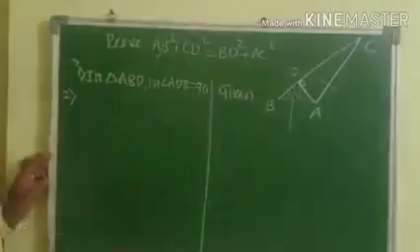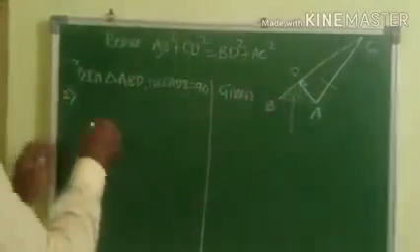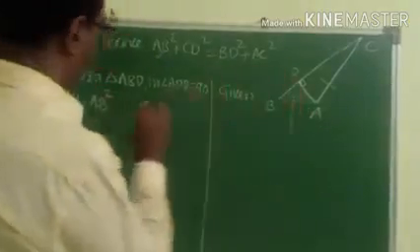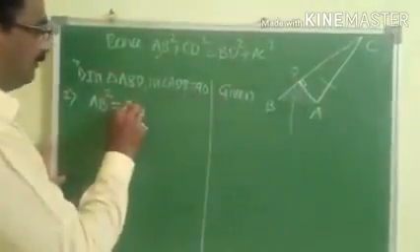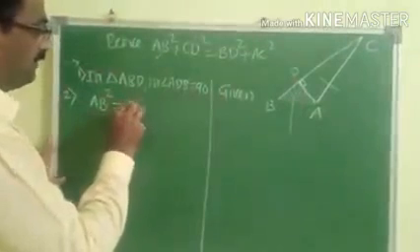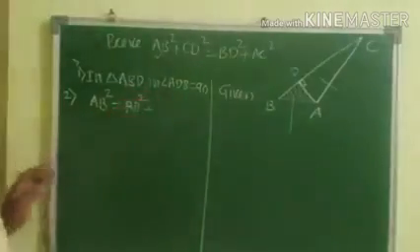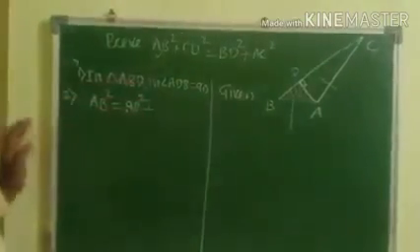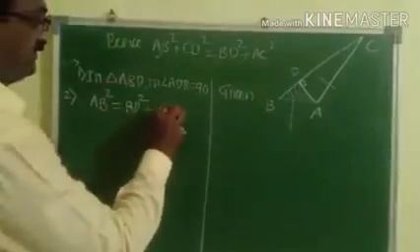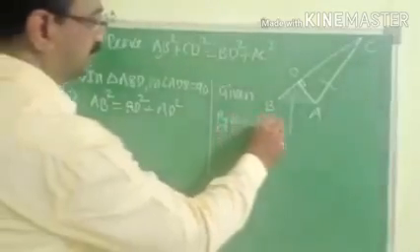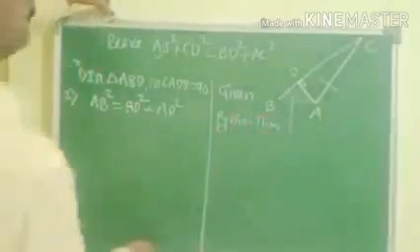Therefore, according to the Pythagoras theorem, we can write AB square is equal to BD square plus AD square. Reason: Pythagoras theorem.